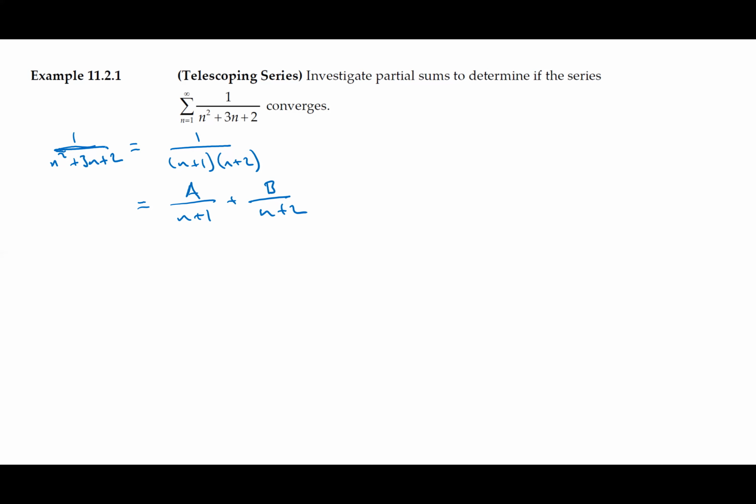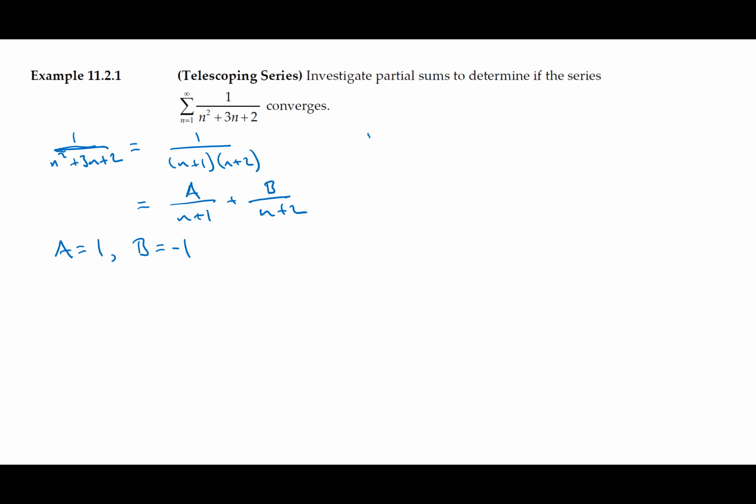You're going to get a equals 1, and you're going to get b equals negative 1. And so let's see what this series does.